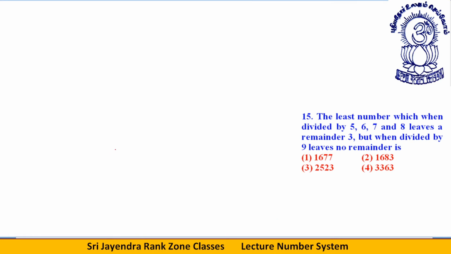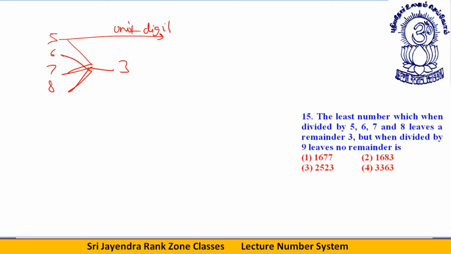The least number which when divided by 5, 6, 7 and 8 leaves a remainder 3, but when divided by 9 leaves no remainder. From the basis of 5 itself, I can say the unit digit will be either 3 or 8, since it leaves a remainder 3. But when divided by 9 it leaves no remainder, which means the number is divisible by 9.